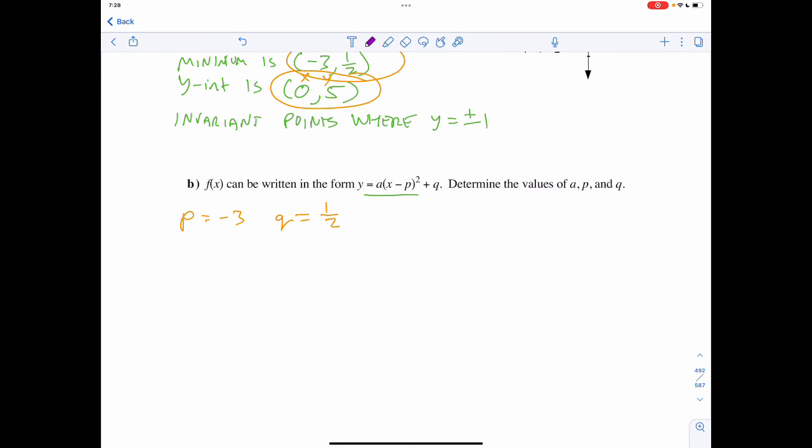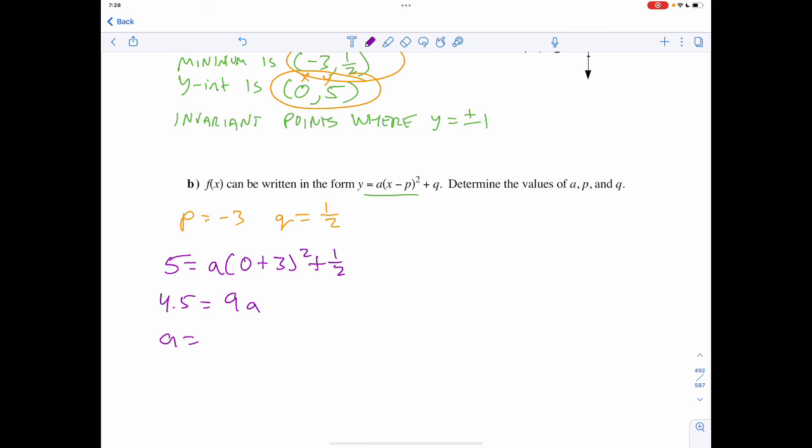And I'm going to say that if 5 is equal to a bracket 0 plus 3 squared plus 1/2, then 4.5, when I subtract 1/2 from each side, is equal to 0 plus 3, which is 3, squared is going to be 9a.